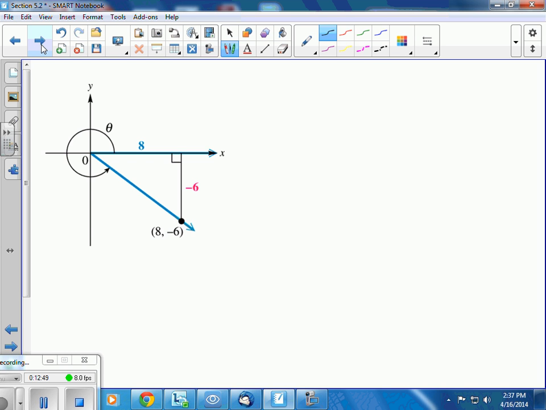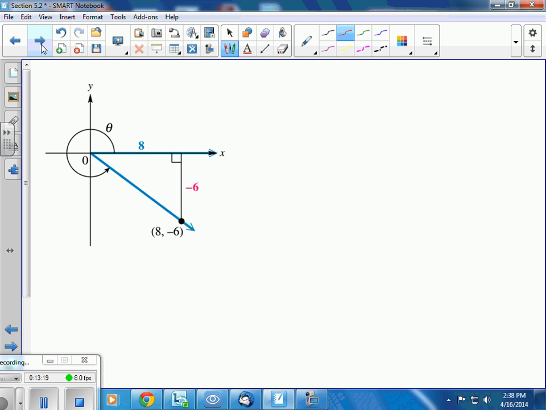Here's another example. This particular example, I put that on there because theta is a very large obtuse angle. So we need to take a look at what happens when we have an obtuse angle like this. We're going to look still at x and y, my x being 8, negative 6 being my y.